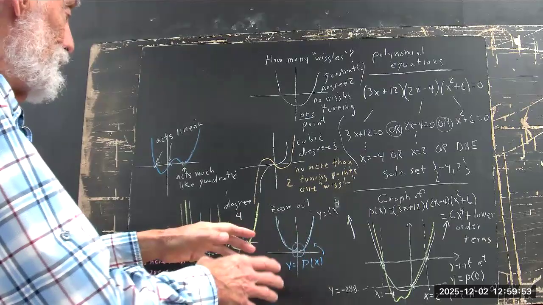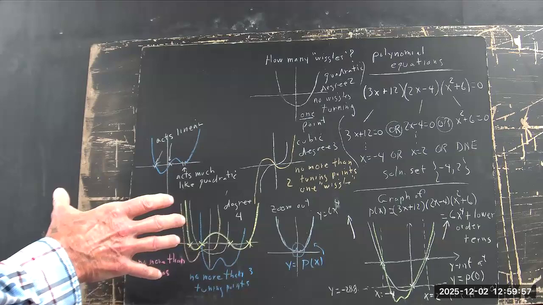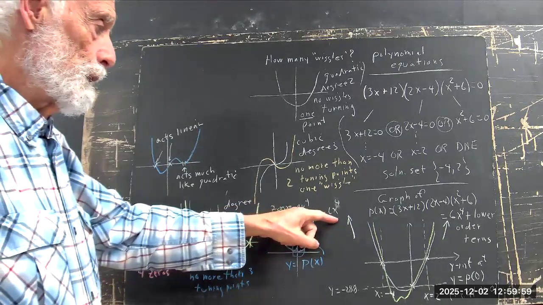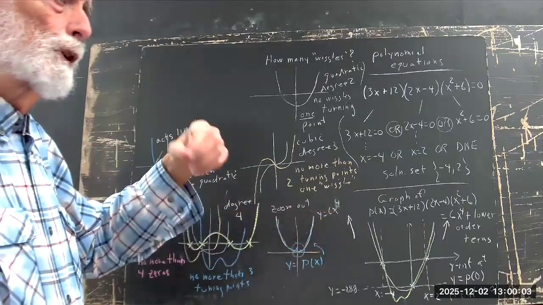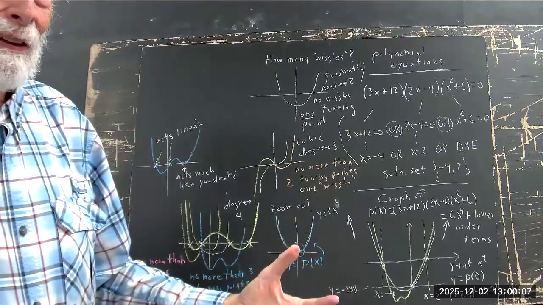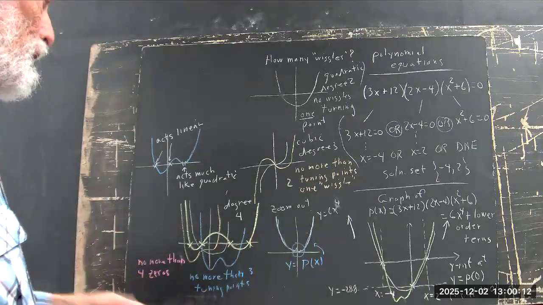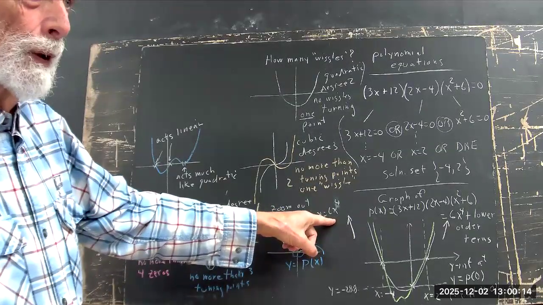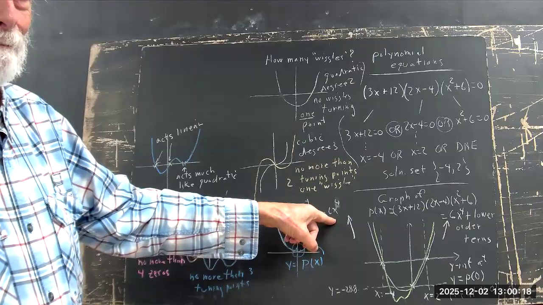So you take whatever one of these functions is, zoom back, and you're always going to have something like the 6x to the 4th. The cubes and the squares and the first powers and the constant numbers don't affect that. If x is big enough, 6x to the 4th is so much bigger than everything else, everything else becomes negligible.